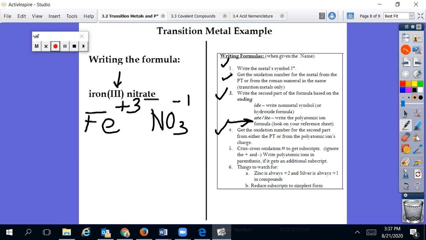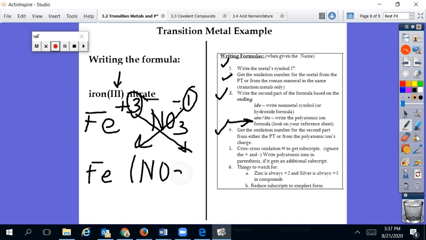Next, we crisscross, remembering that we use parentheses for a polyatomic if there's more than one. And remember to crisscross just the number, not the sign. We don't write the 1, but NO3 still needs parentheses, and the 3 goes down here. And that's our final answer for iron(III) nitrate for writing the formula.